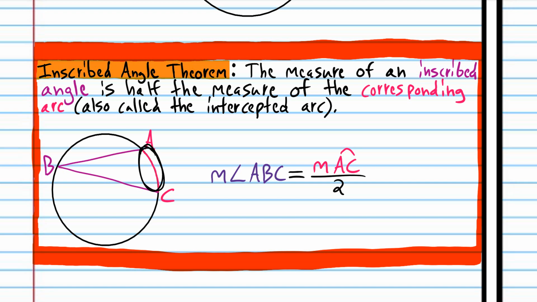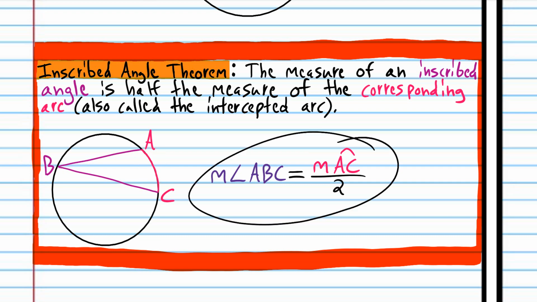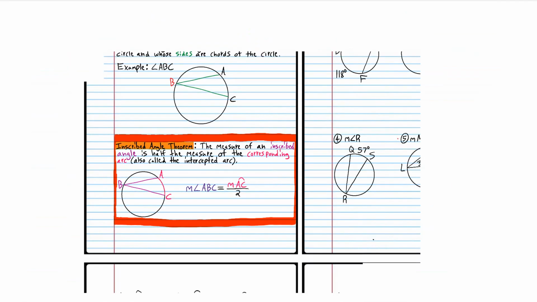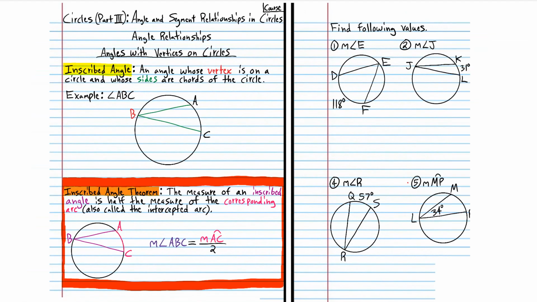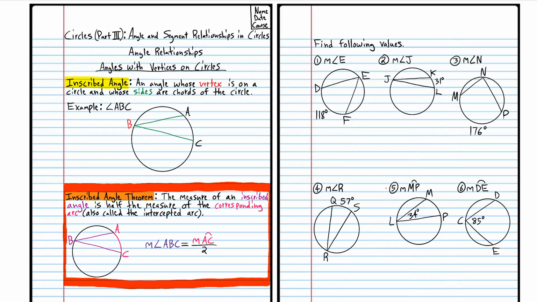So if you draw an inscribed angle, the measure of that angle is equal to the measure of the intercepted arc, or the corresponding arc, divided by 2. You can get screenshots of that information if you want, or take a picture with your phone, because we're going to use all that in the problems here.